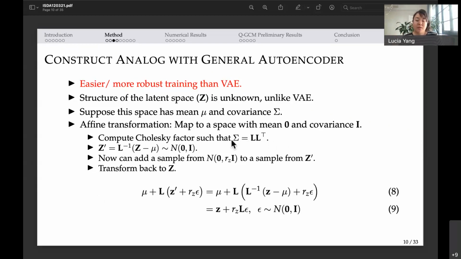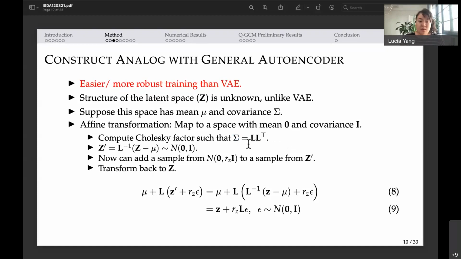So if the latent space of the encoded training set has a sample covariance matrix sigma, then we can compute its Cholesky factor so that we can generate noise that has the same covariance structure. So we're working with the Cholesky factor, the lower triangular decomposition, in this case.